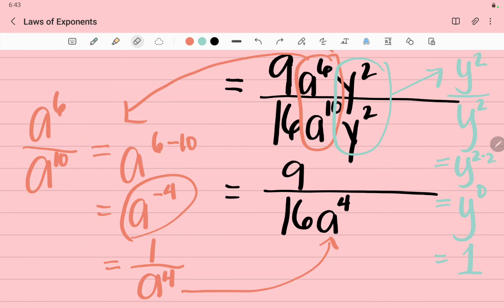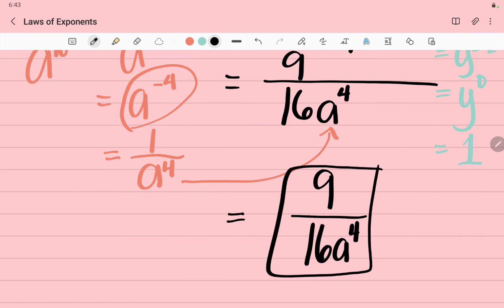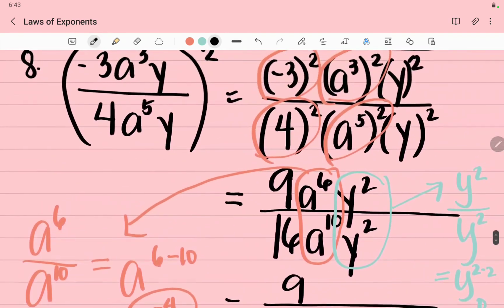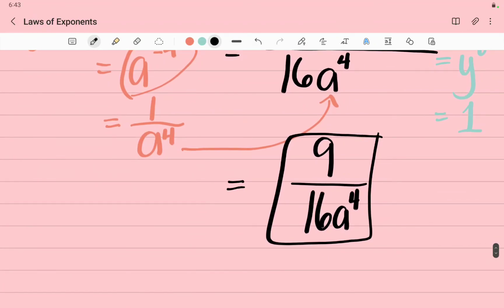So our final answer is 9 over 16 a raised to 4. Any question on that? So far, so good. I hope none.